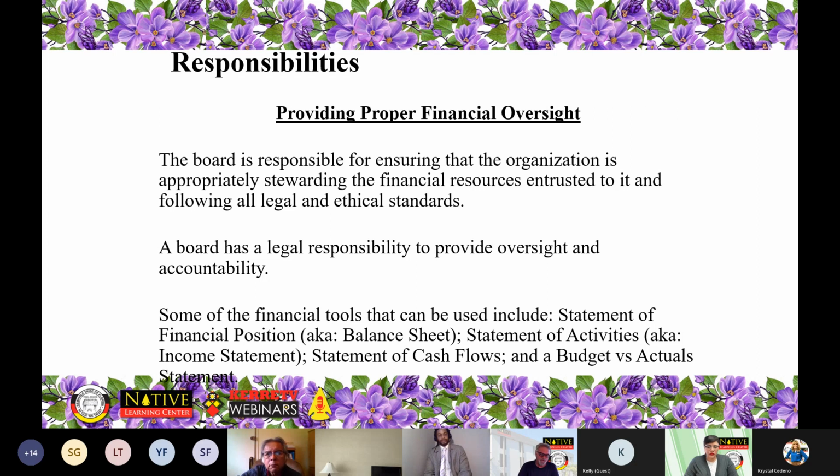And financial oversight is a part of that. Understanding the financial operations of the program. Not that any particular board member needs to be a CPA or an auditor or a financial planner, but collectively they need to understand the financial obligations that any nonprofit organization is going to be responsible for.